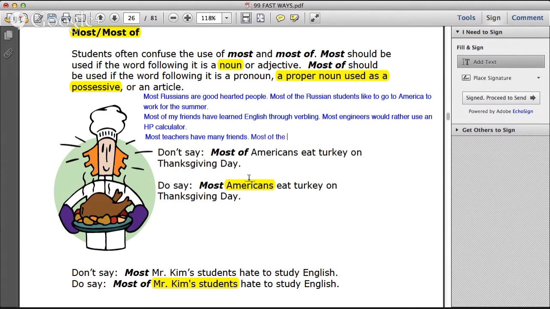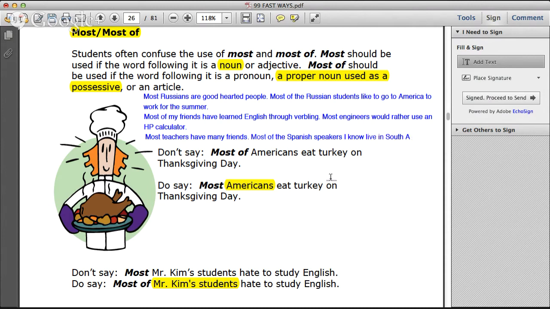Most of the, or let's see, most. That one wouldn't work. You would have to say most Spanish speakers, because most is going to be an adjective. Most Spanish speakers live in South America. But you could say most of the Spanish speakers I know live in South America.